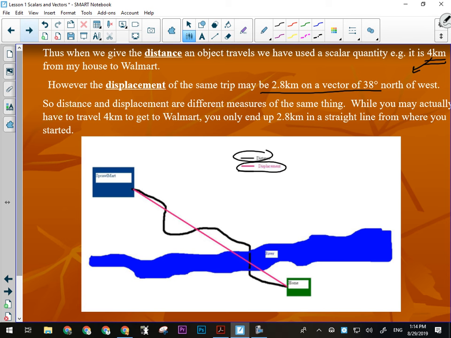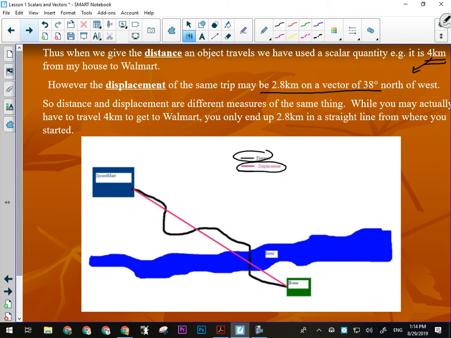On my trip to Walmart, how fast did I walk? Just on my trip there. I went 4 kilometers and it took me a half an hour. How fast did I walk? 8 kilometers an hour, right? I walked 4 kilometers in half an hour, so I would have walked 8 kilometers in an hour.